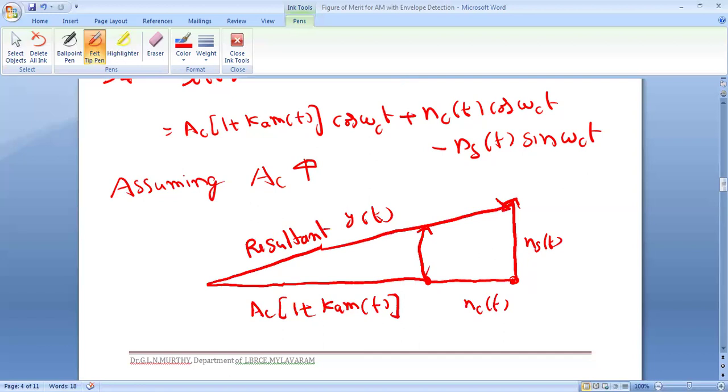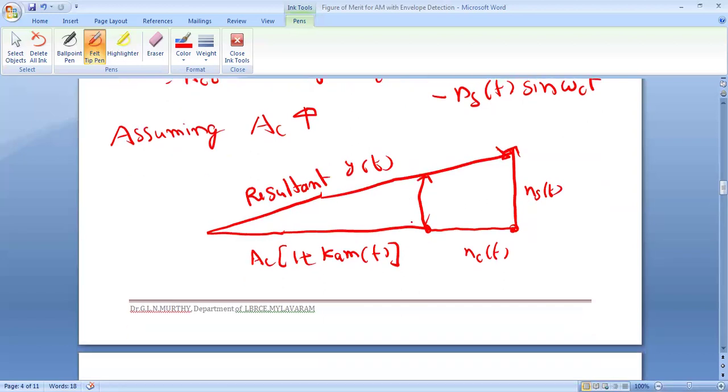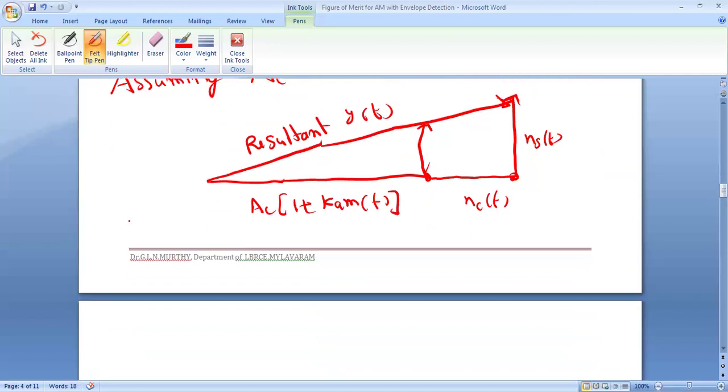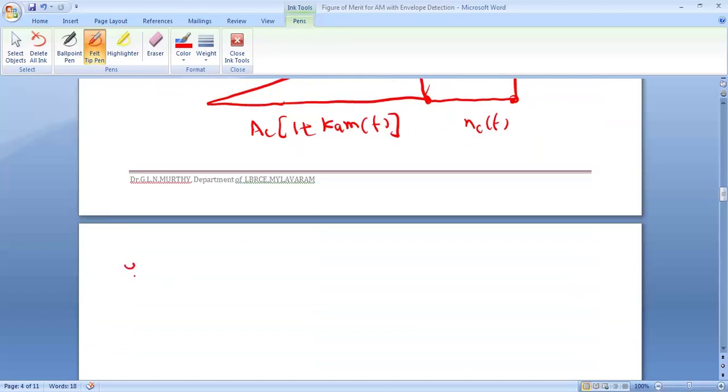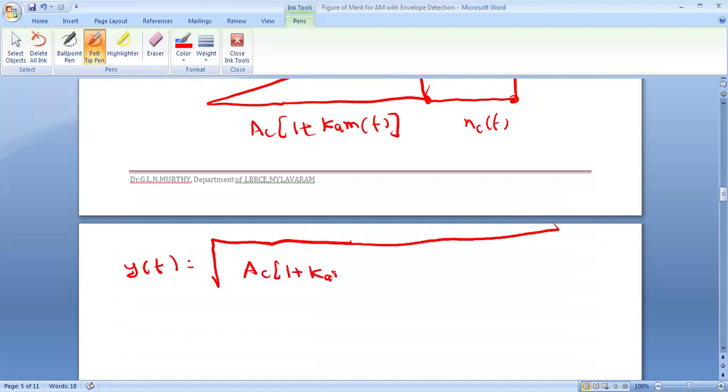Okay. So now what is the expression for y of t? We know hypotenuse square equals adjacent side square plus opposite side square. So correspondingly, y of t equals the resultant, equals the hypotenuse, equals the square root of AC into 1 plus Ka M of t plus NC of t whole square, the adjacent side term, plus NS square of t.